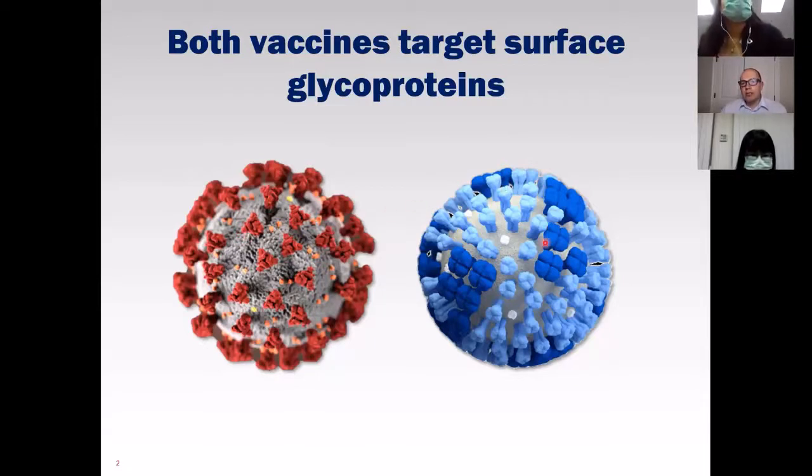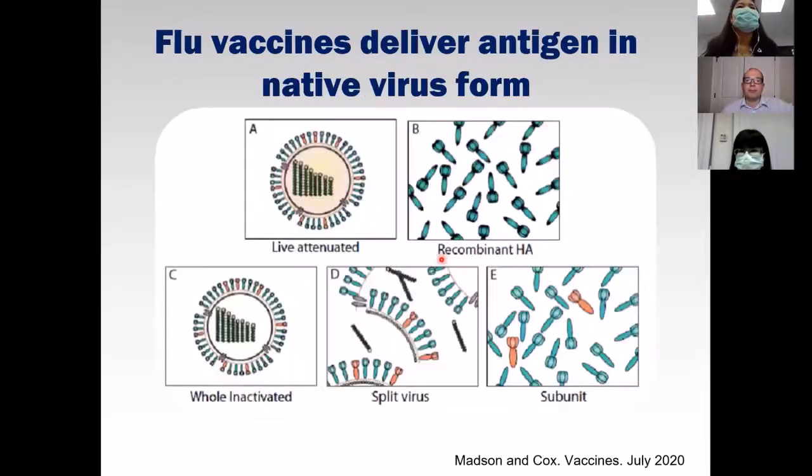On the influenza virus, most of our vaccines target this protein here, the hemagglutinin. These are the two proteins on the surface of these two viruses that attach them to the host cell, get them inside the host cell, and start the replication of these two viruses going. So from a very high level overview, our approach to vaccination against these two viruses is pretty similar.